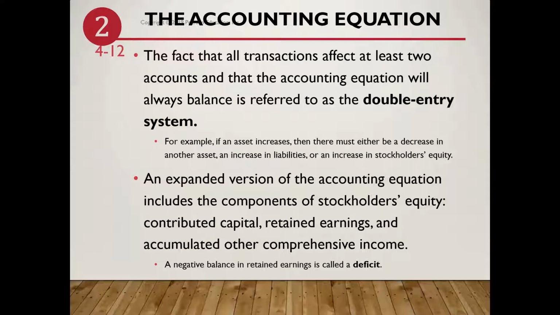An expanded version of the accounting equation includes the components of stockholders' equity: contributed capital, retained earnings, and accumulated other comprehensive income. And we all know that a negative balance in retained earnings is called a deficit.